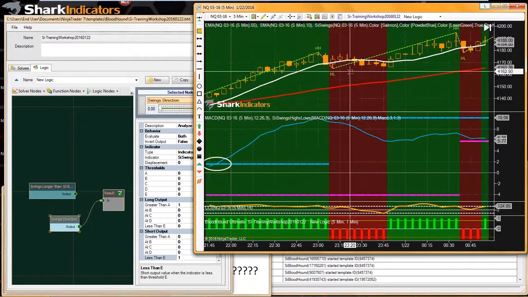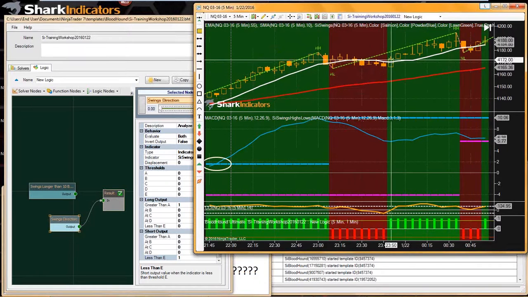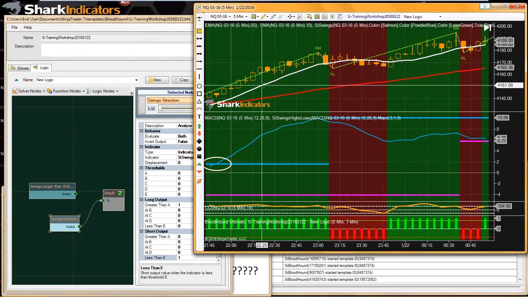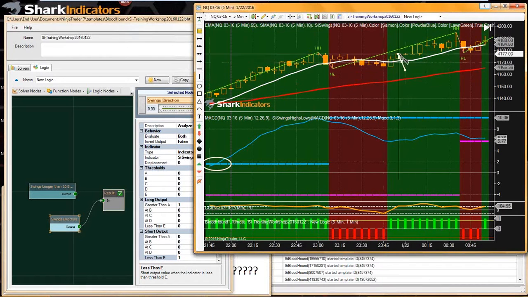You'll notice that there is some delay. We can see on the chart that the indicator actually was plotting an upswing. But what this is telling you is that this upswing was not known as an upswing until this bar.